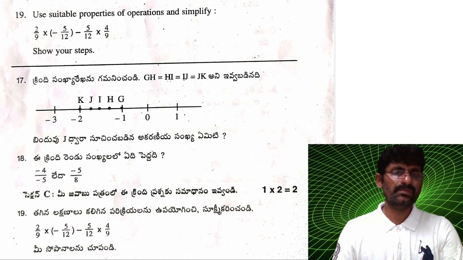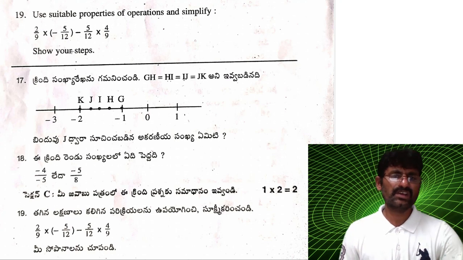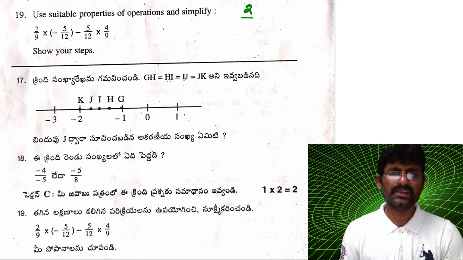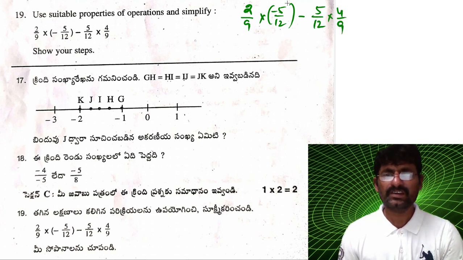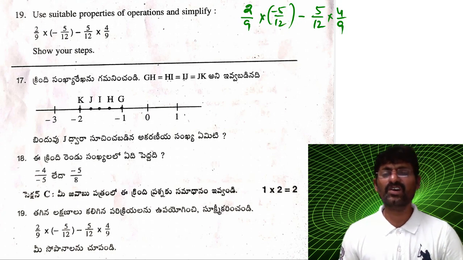Next, 19th problem. Use suitable properties of operations and simplify. Show your steps. Here we are given 2 by 9 times -5 by 12 minus 5 by 12 into 4 by 9. You observe that -5 by 12 is here and here also, so we can take it common.